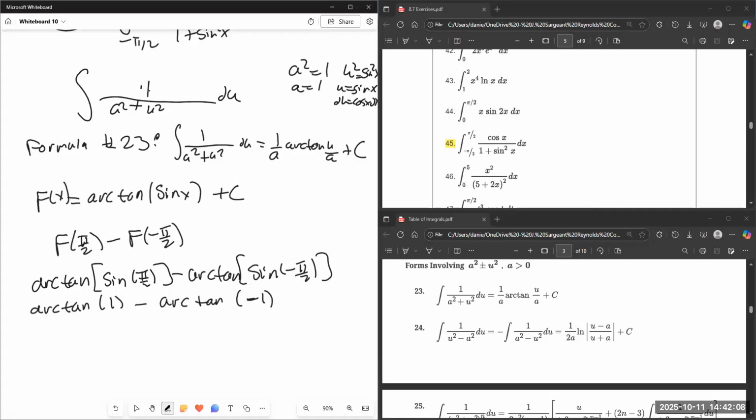Arc tangent of 1 is pi over 4 minus arc tangent of negative 1 is negative pi over 4. So that's pi over 4 plus pi over 4 is pi over 2.